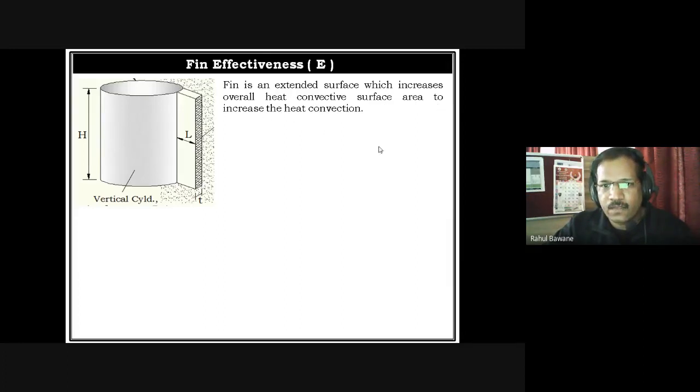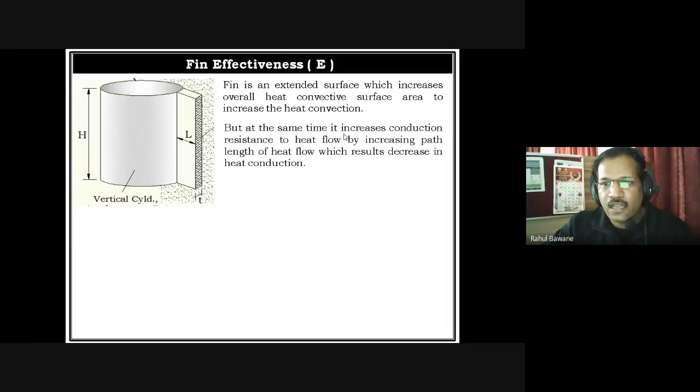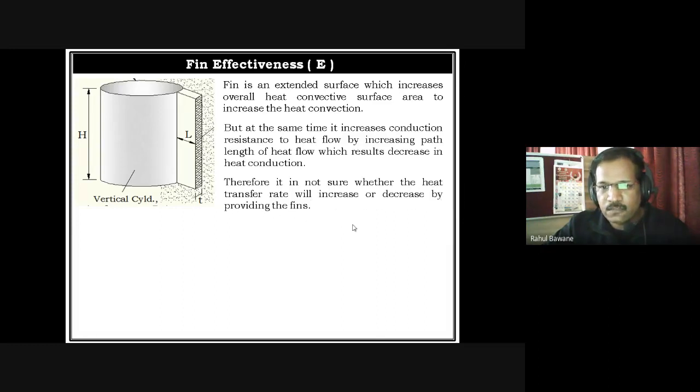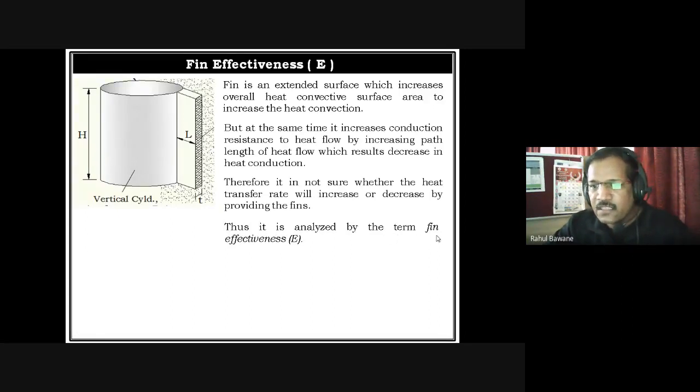But at the same time, it increases conduction resistance to heat flow by increasing the path length of heat flow, which results in a decrease in heat conduction. Therefore, it is not certain whether the heat transfer rate will increase or decrease by providing the fins. Thus, it is analyzed by the term fin effectiveness, denoted by capital E.